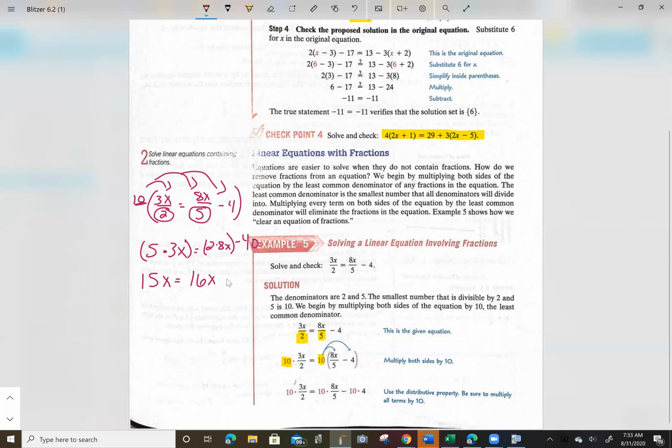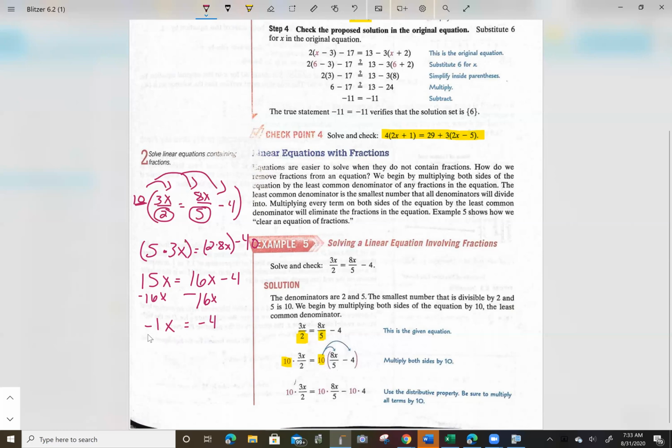16x minus 4. And then I am going to subtract 16x from both sides. I was going to do it the other way to get positive numbers, but I think that would confuse you to have 0 on one side. So I'm going to subtract 16x from both sides. So I get -1x is equal to -4.